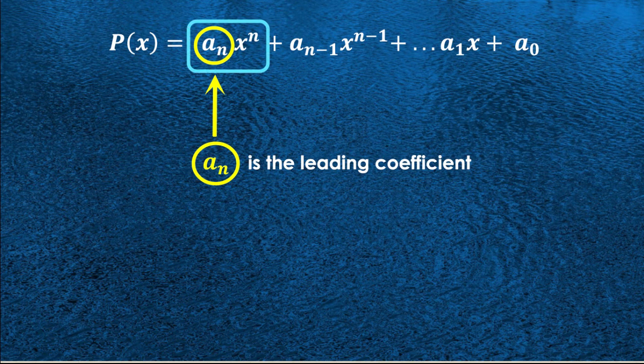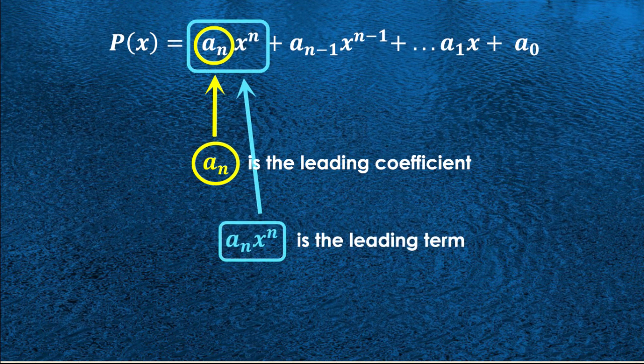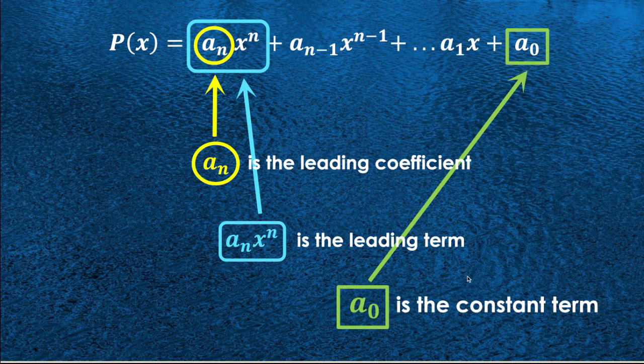Now that leading coefficient is found in the leading term. So the leading term here is a sub n times x raised to n. That is the leading term. And this a sub 0 here is our constant term.